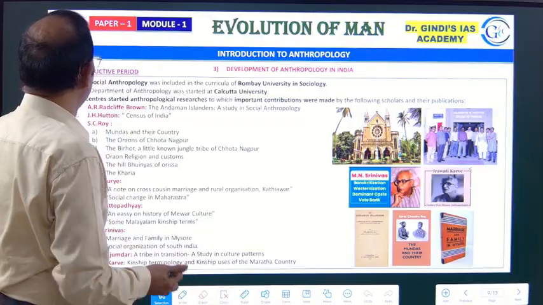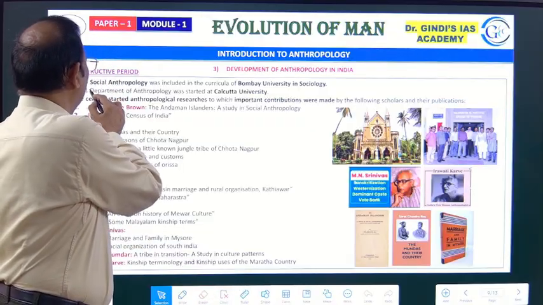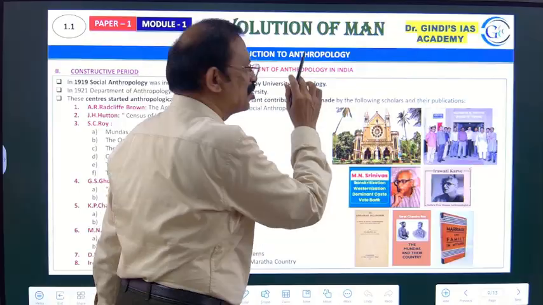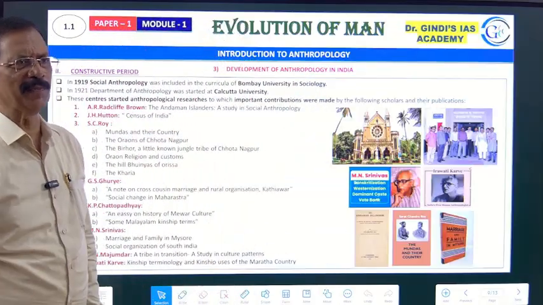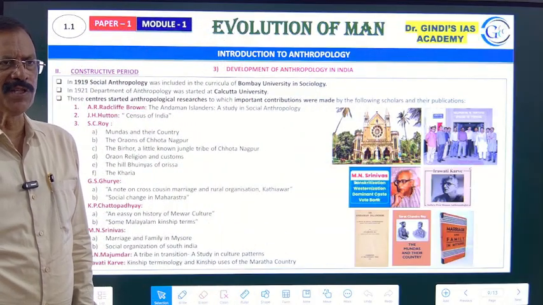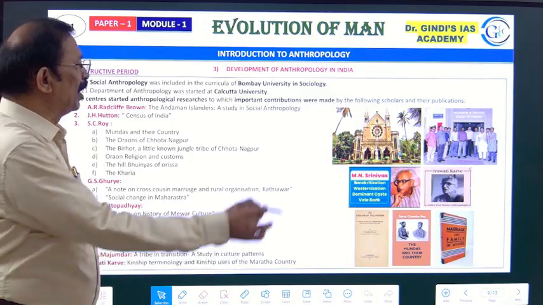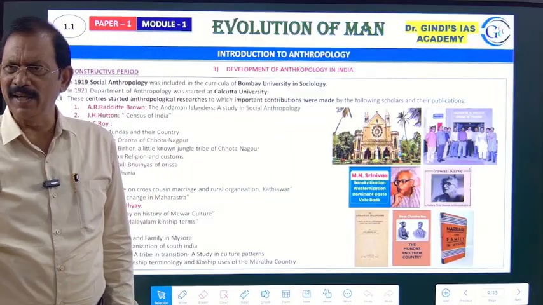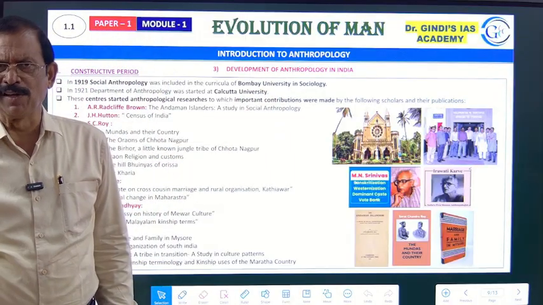So what was the first department? In 1919, social anthropology was included in the curricula of Bombay University in sociology. There was no separate department at that time. There was one department in Bombay University, that was sociology only, not a department of anthropology.